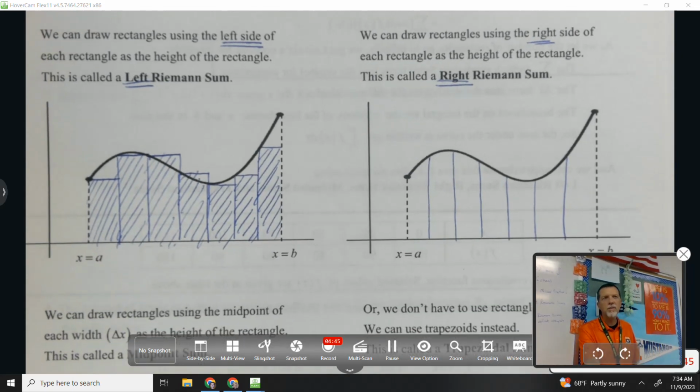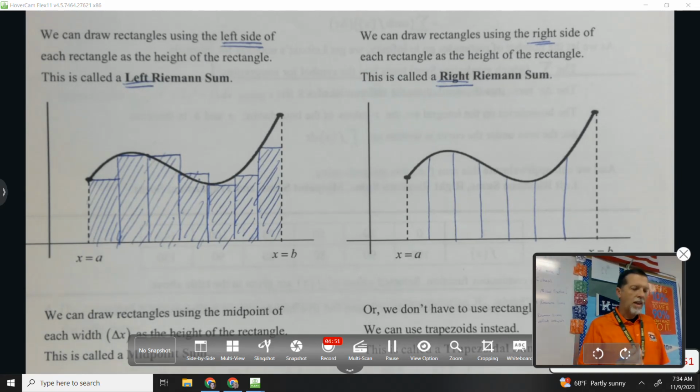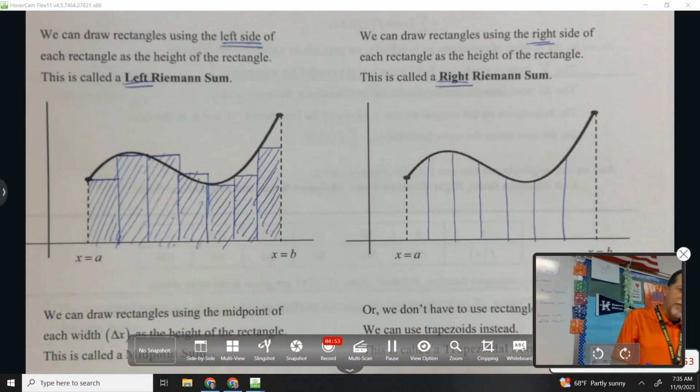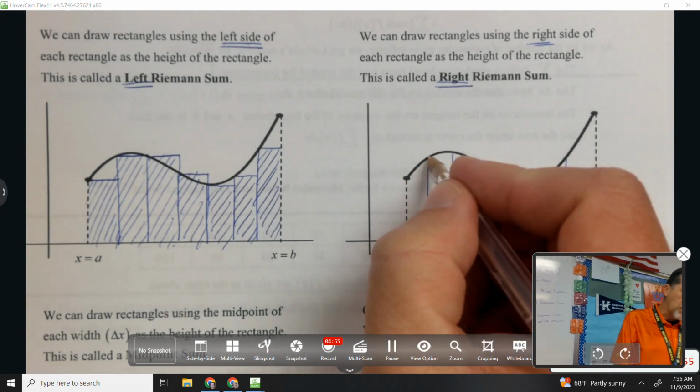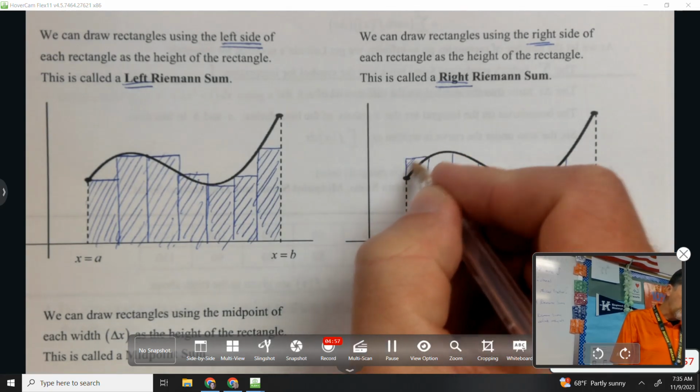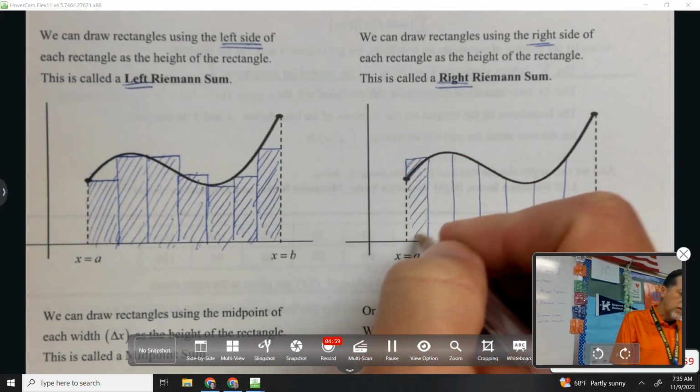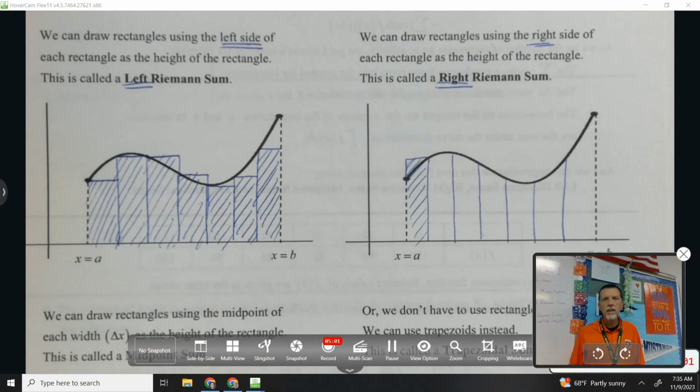Here's where people do this a little bit differently in terms of what they draw. It's the same answer. I've always done it moving left to right. So on my first rectangle, I'll come from the right, and there's my right rectangle.